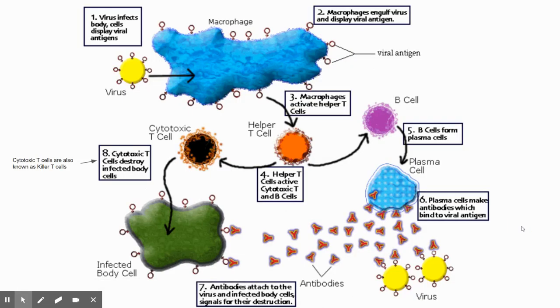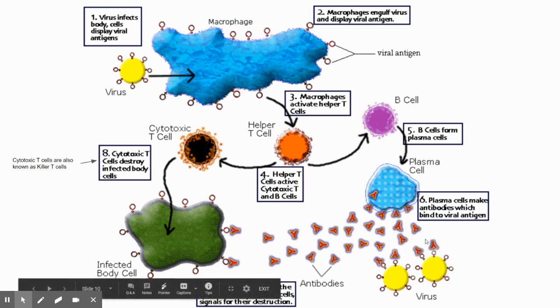So here's the same process. It's diagrammed a little bit differently, but same idea. You have the antigen, in this case a virus, coming in. It goes into the macrophage, which engulfs it and puts those virus antigens on its surface to display them so that the helper T cells can identify them and say, okay, B cells, make these antibodies for us.